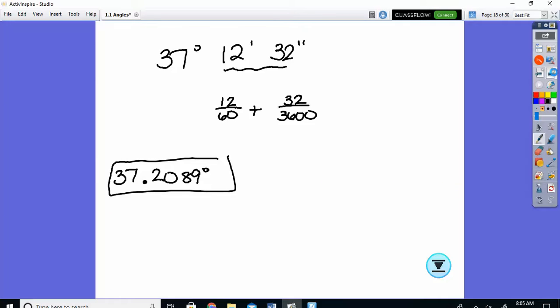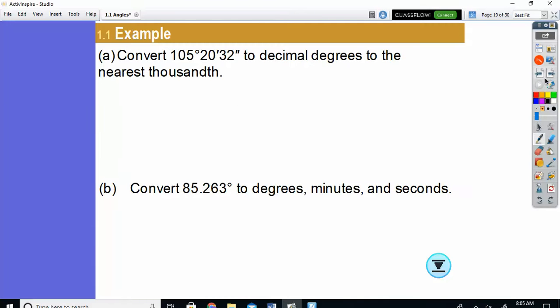So let's look at this one. Convert the 105 degrees, 20 minutes, 32 seconds to decimals to the nearest thousandth. Thousandth is how many decimal places? Three, because it goes 10, 100, 1,000. Okay, so 3 decimal places. The degree part doesn't change, so we still have the 105.